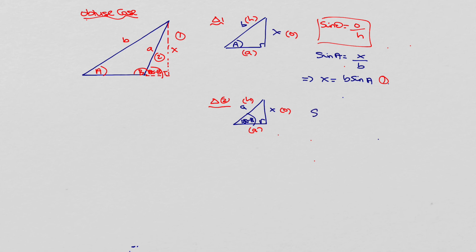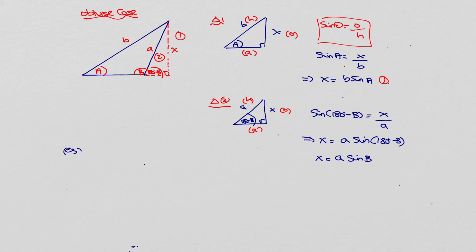So again, sine 180 minus B is equal to opposite over hypotenuse, and therefore X is equal to A times sine 180 minus B. But of course we know from our second quadrant that that's going to be the same value. In other words, sine 180 minus B is the same as sine B.